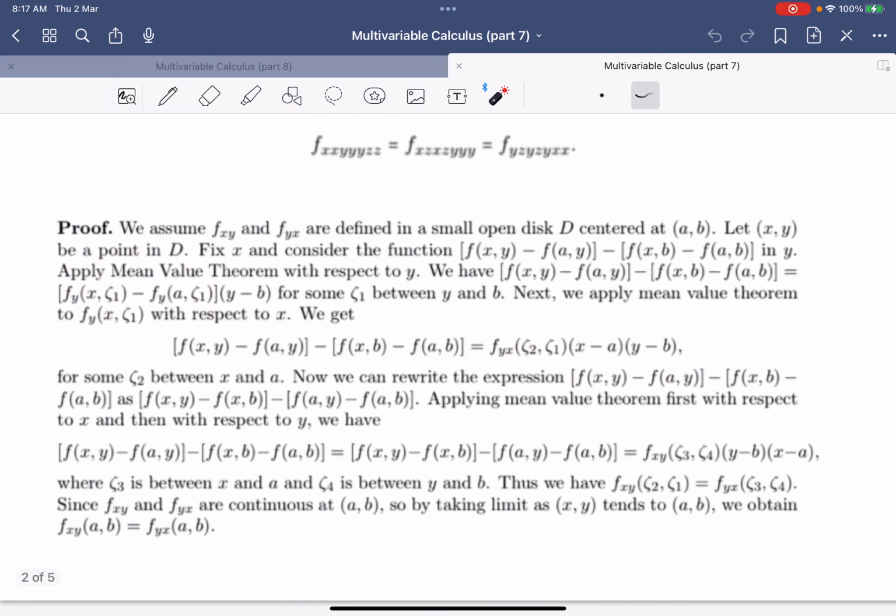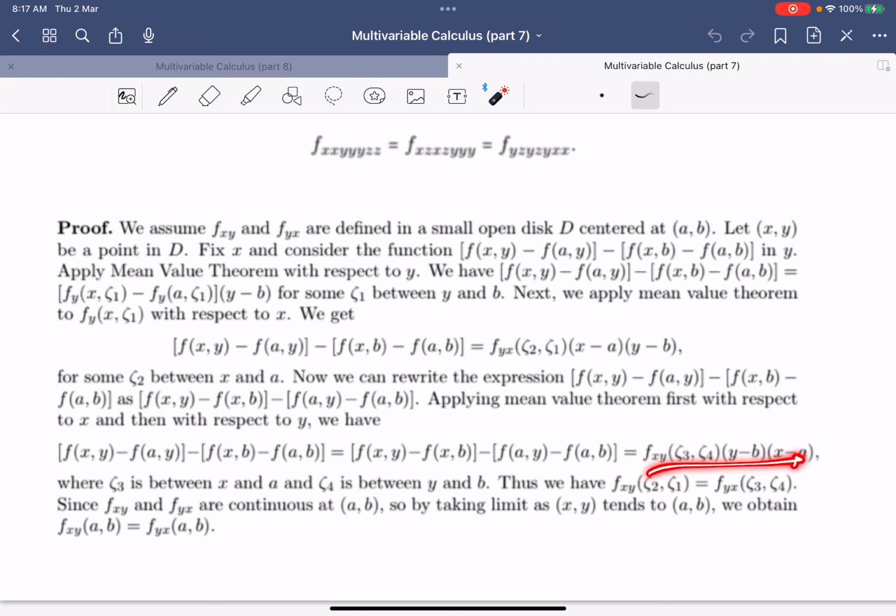And because of that, we can rewrite the expression as f(x, y) minus f(x, b) minus f(a, y) plus f(a, b). And applying the mean value theorem, now with respect to x, you get the same conclusion.